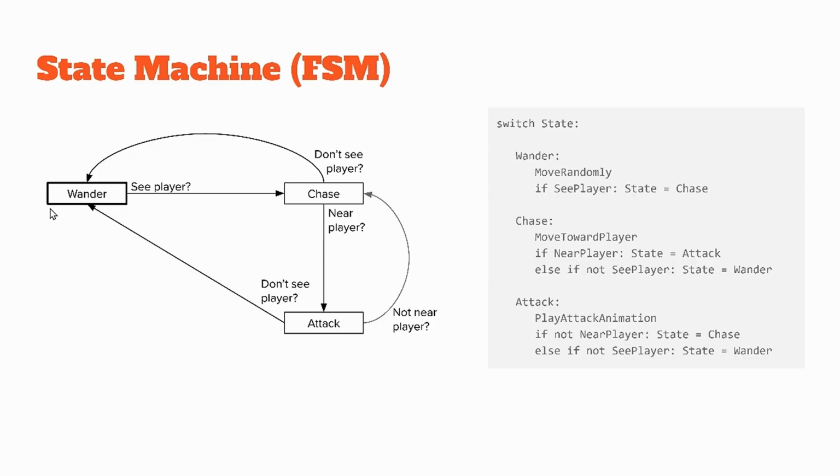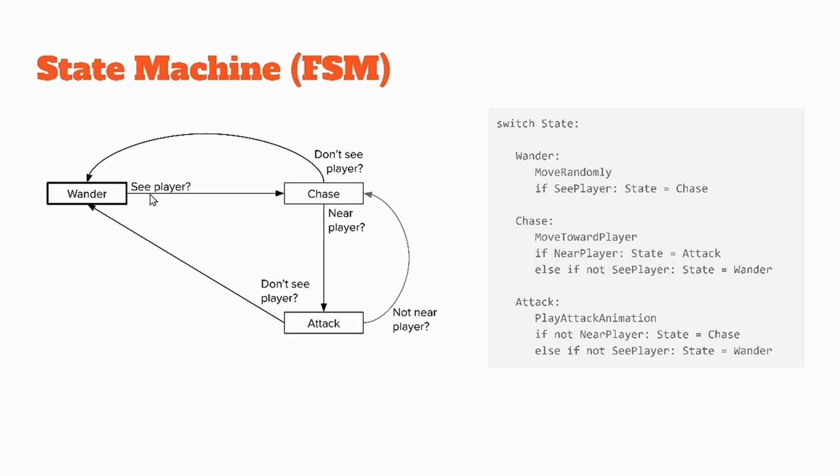You might start at the wander behavior, and then it transitions based on conditions. So it's sort of similar to the decision tree, but a little more complex, with the advantage of that complexity giving it the ability to scale a little bit better.